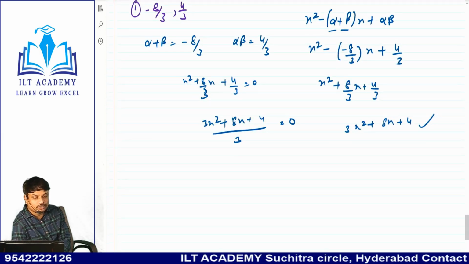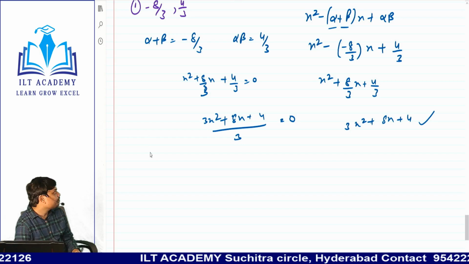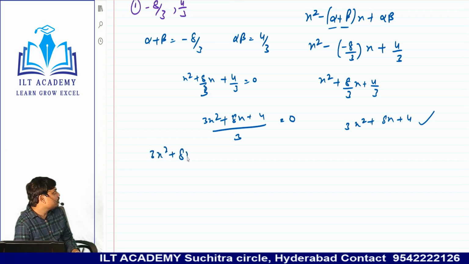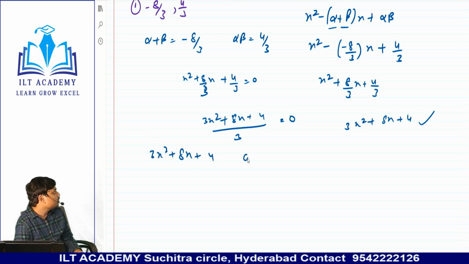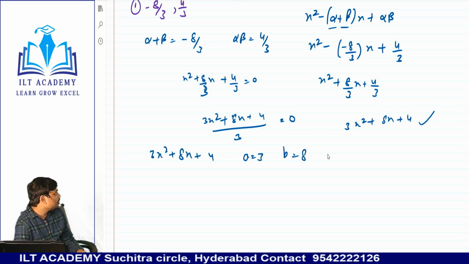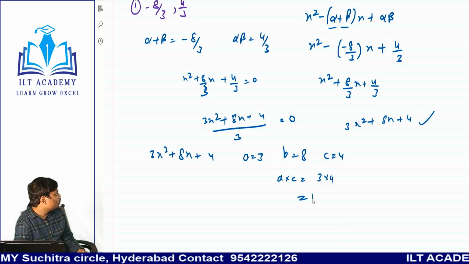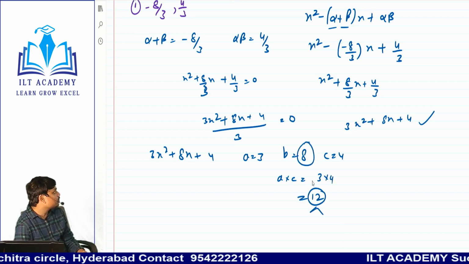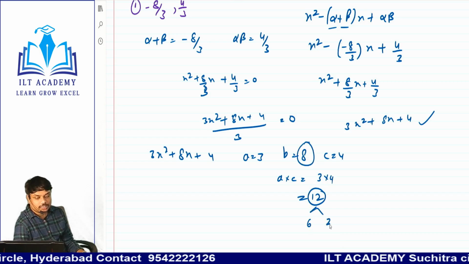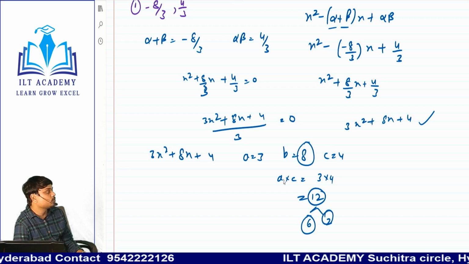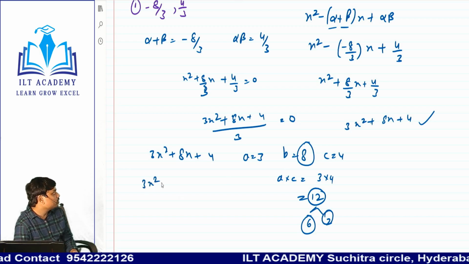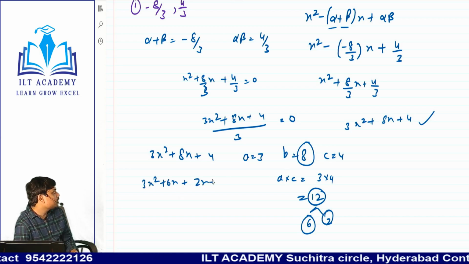Clear? Now how do we get this? 3x square plus 8x plus 4. Now a is equal to 3, b is equal to 8, c is equal to 4. Now a into c is equal to 3 into 4, which is 12. Okay, 12, how can you split it so that 8 comes? 6 and 2 you can use. 6 plus 2 is what? 8. So 3x square plus 6x plus 2x plus 4.